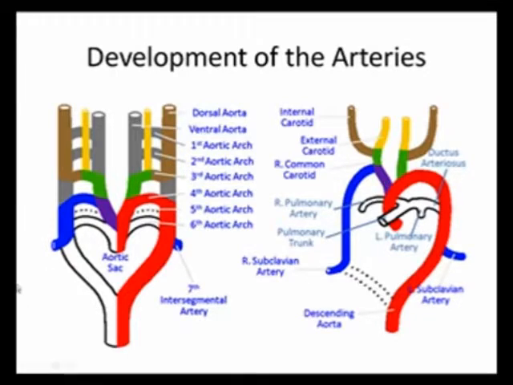So now you can see how the brachiocephalic, the left common carotid artery, and the subclavian are the first three major branches off the aorta, and you can see where they come from.